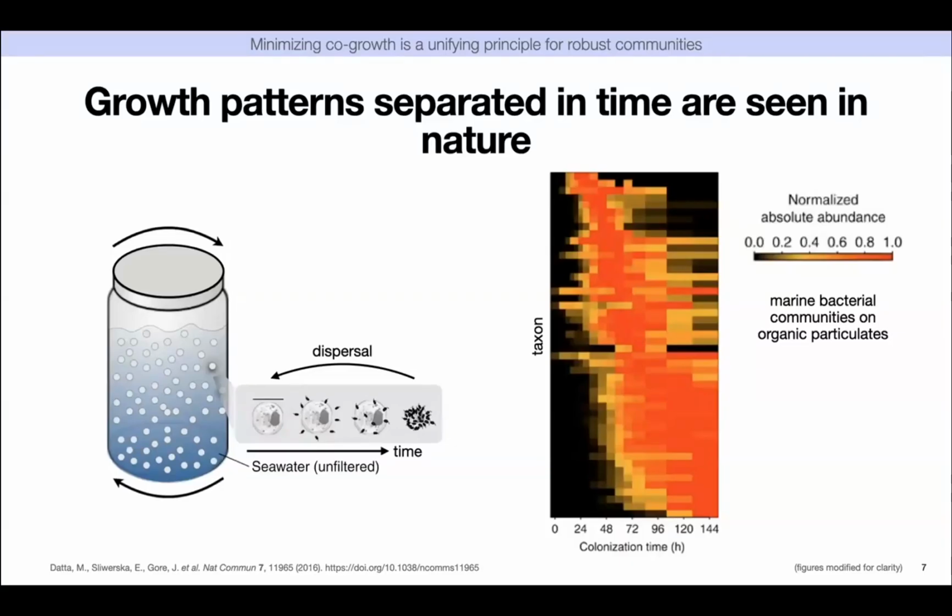You can also see from this heat map, which is showing abundance as a function of time for different taxa, that you have this development over time of the environment, where first you have your primary degraders. They're going to excrete some additional metabolites, which prepares the environment for the next stage of metabolism along this cascade, just in the same way that we see separation of growth in time.